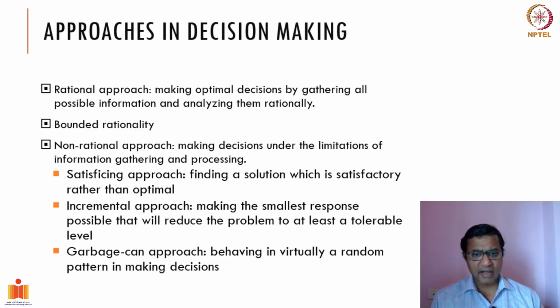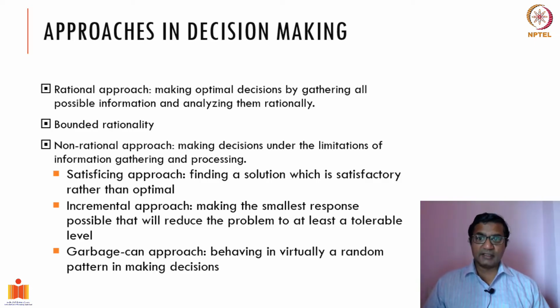You may have computers which are very fast, but with the quantum of information, that might also become very difficult. So even organizations find it very difficult to use the rational approach. What about individuals? In individual decision making, people may not even have that kind of technical support to make decisions. So the rational approach, even though it is desirable, has limitations.